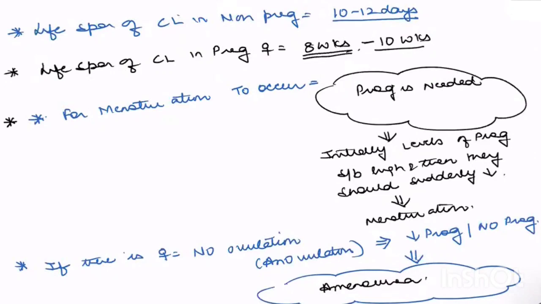And initially the levels of progesterone should be high, and then they should suddenly decrease. Then your patient will menstruate. Have you understood this? Did all of you understand this much? Quickly in the chat box tell me yes or no.